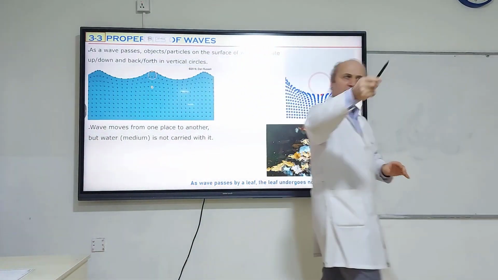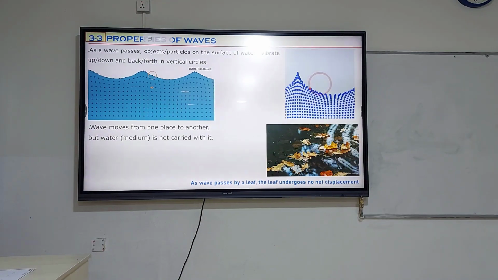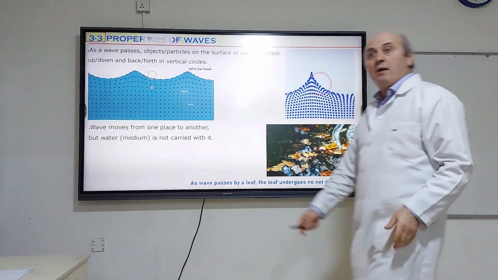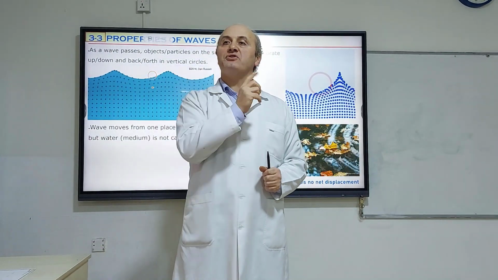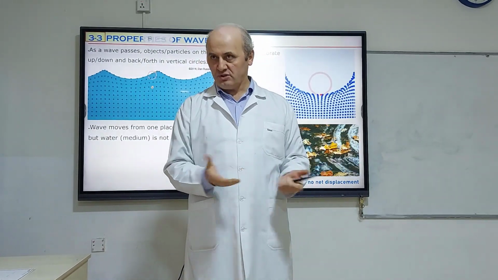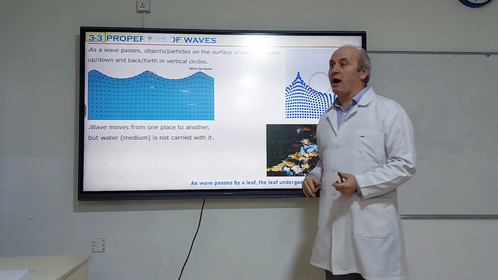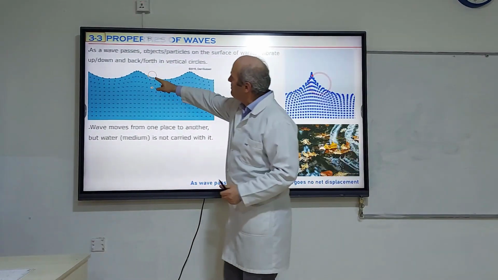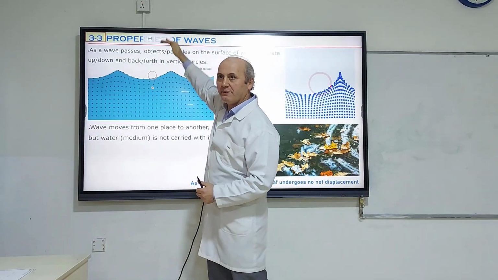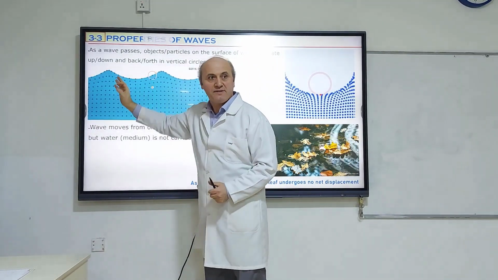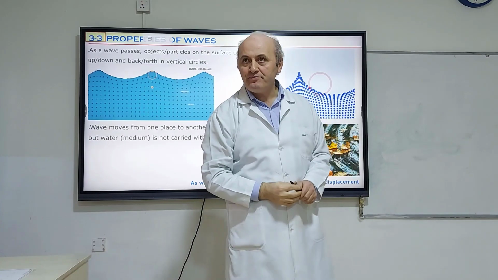In fact, we know this from circular motion and simple harmonic motion as well. In simple harmonic motion, we know that after one cycle of vibration, net displacement is zero. Here also the same thing happens. As this particle completes one cycle of vibration, up, down, right, left, its net displacement is going to be zero.